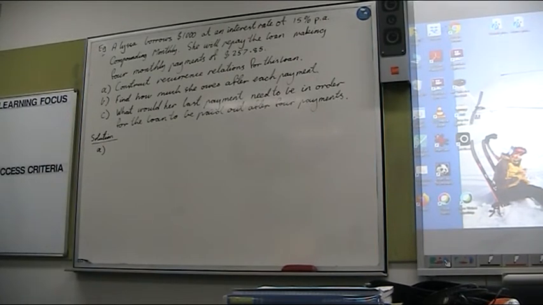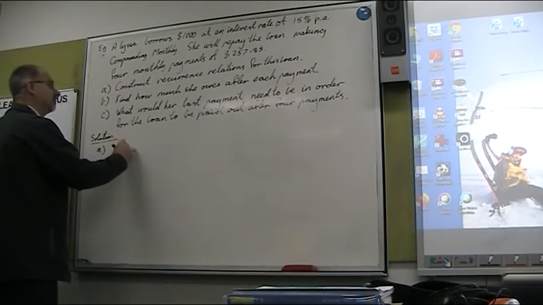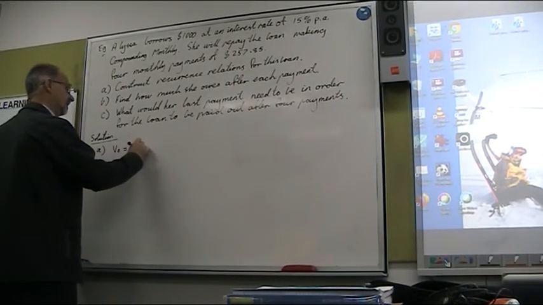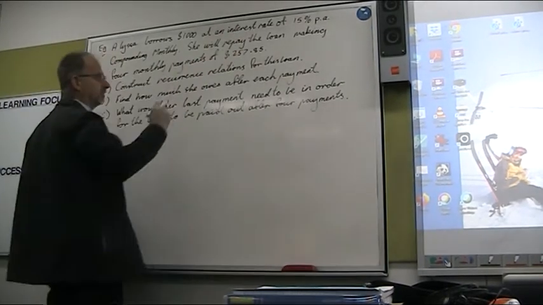Okay, so part A, construct recurrence relations. V0, that's the easy bit. That's just 1,000. The next bit, the interest rate is 15% per annum.